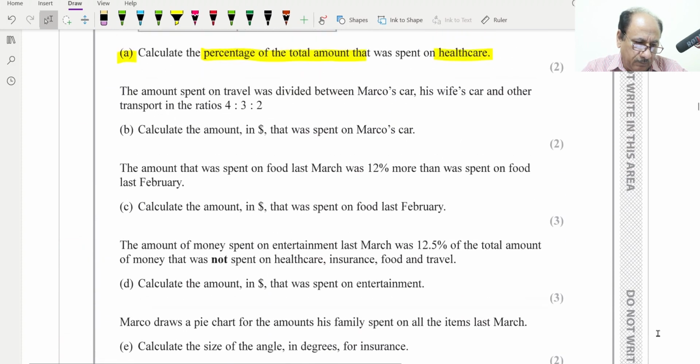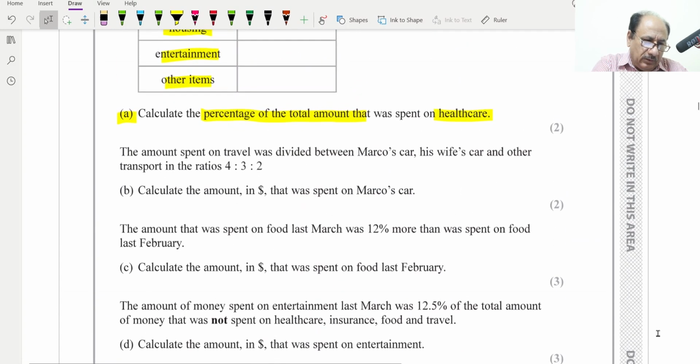Now we can go through part B. The next part is saying the amount spent on travel was divided between Marco's car, his wife's car, and other transport in the ratio of 4 to 3 to 2. Calculate the amount in dollars that was spent on Marco's car.